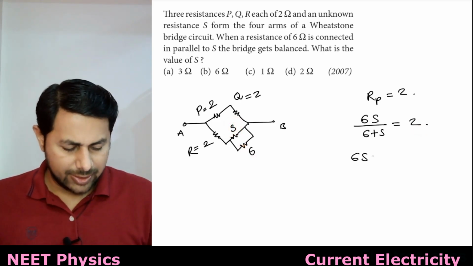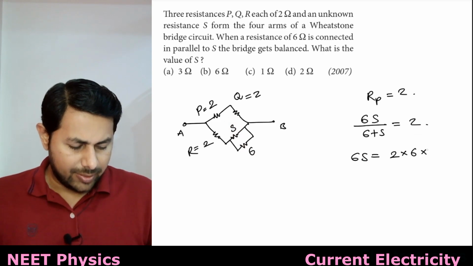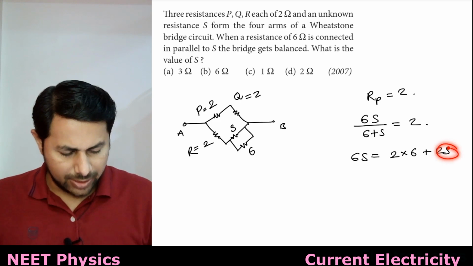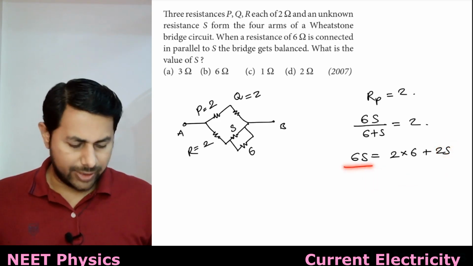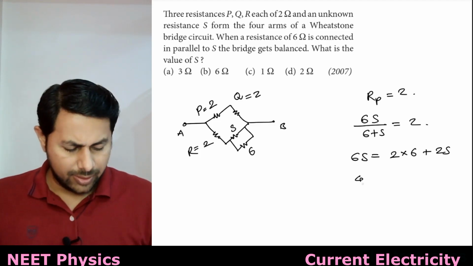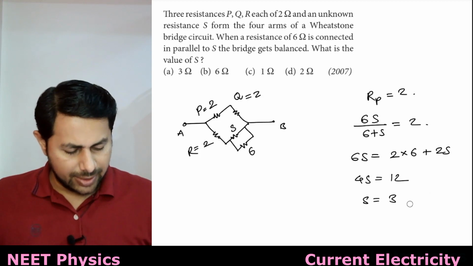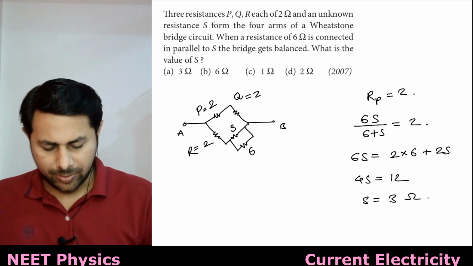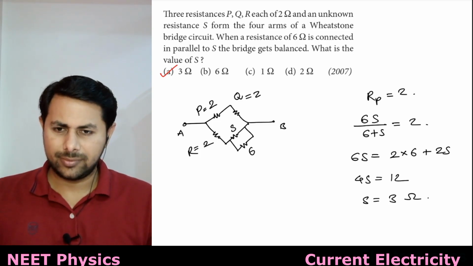So 6S is equal to 2 times (6 plus S), that is 12 plus 2S. So move that 2S to this side. You get 4S equal to 6S minus 2S, 4S is equal to 12, and that means S is equal to 3. S is equal to 3 ohm, right? It's option A. Is this clear, everyone?